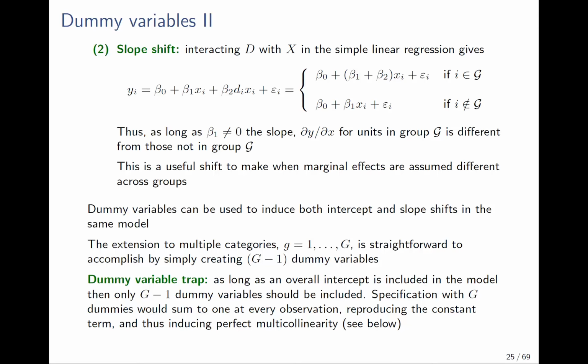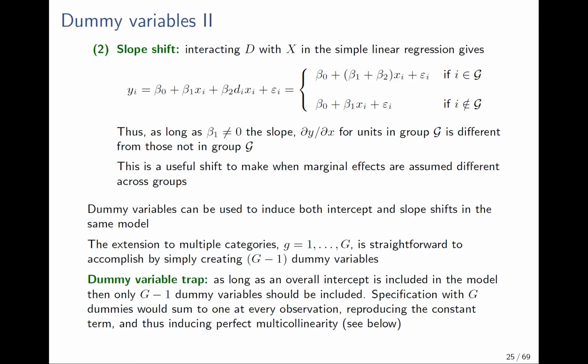So this is the shift to use when we believe that the marginal effects in the regression differ across groups. And of course we can include both. We can include a dummy variable on its own and a dummy interacted with x to allow both intercept and slopes to differ across groups. Now that's just shown two groups. The extension to multiple categories is straightforward.